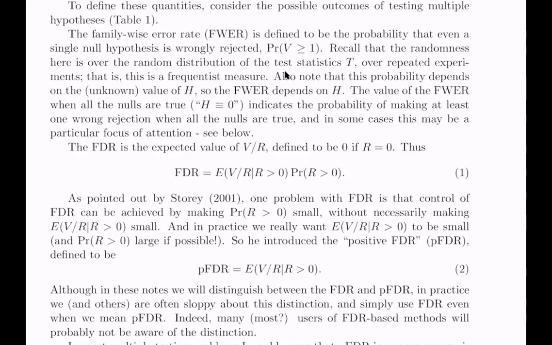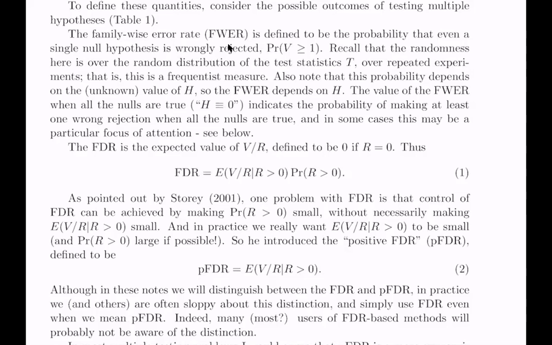The idea is that if you really try to reduce your probability of rejecting even one wrongly to a very small value, you just don't find anything in most cases, or in many cases, you don't find many things. And that's because the family-wise error rate is essentially a too stringent criterion, right?